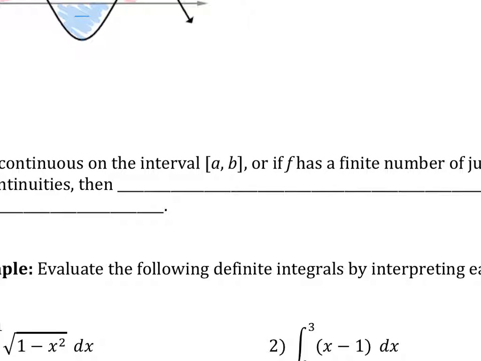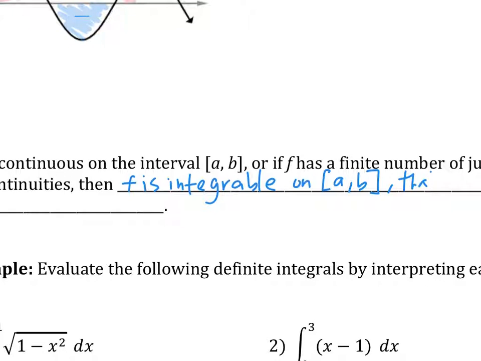If f is continuous. Anytime you see a theorem, you always want to ask yourself, what's the condition? If f is continuous on the interval [a, b], or if f has a finite number of jump discontinuities, then f is integrable on [a, b].